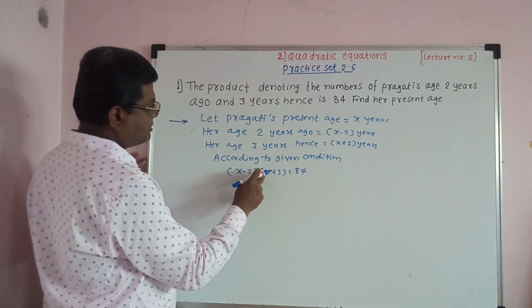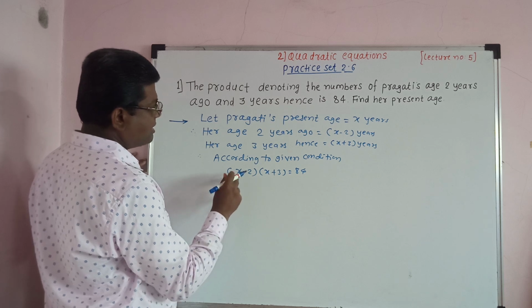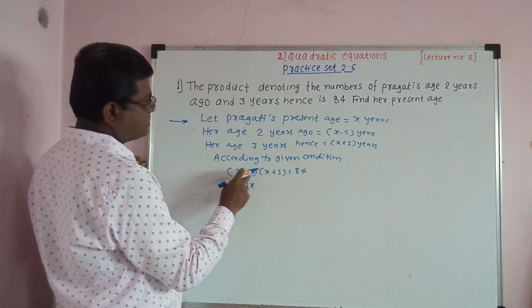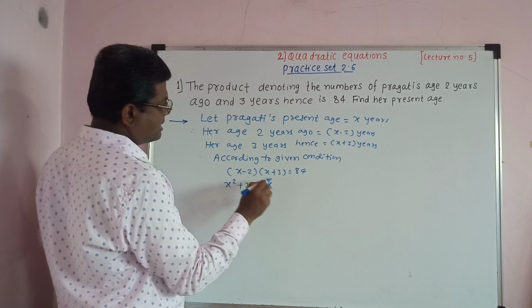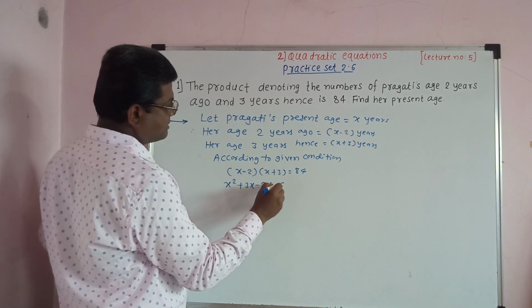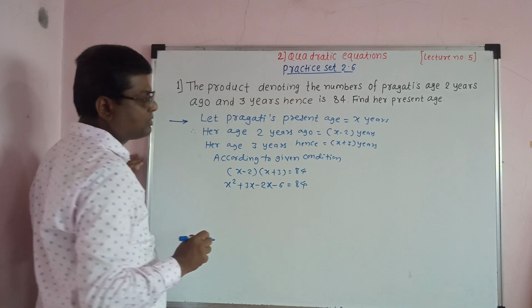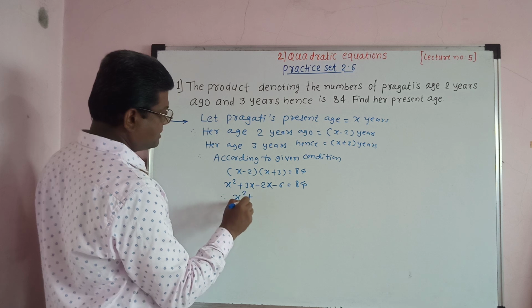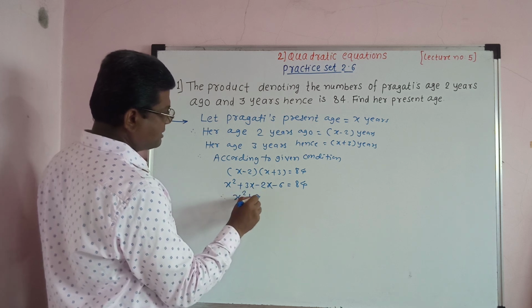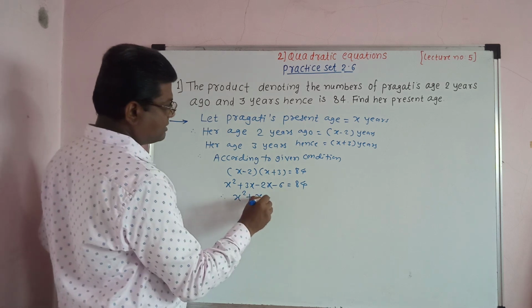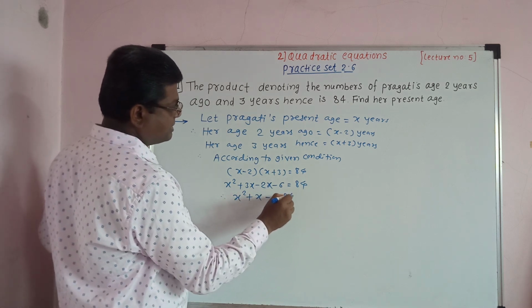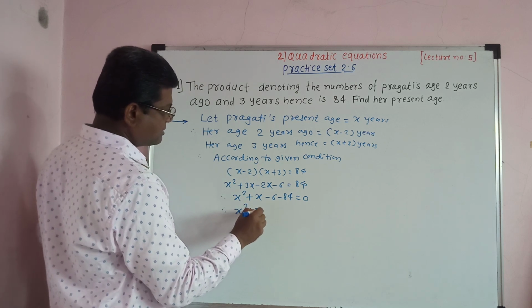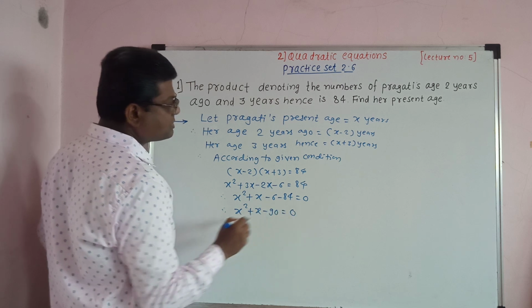Now x into x is x square, x into 3 is plus 3x, minus 2 into x is minus 2x, minus 2 into 3 is minus 6, equal to 84. Therefore we have x square plus 3x minus 2x is x, and minus 6 minus 84. Therefore x square plus x minus 90 is equal to 0.